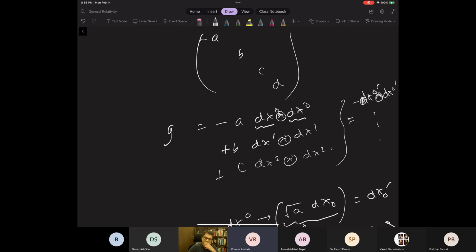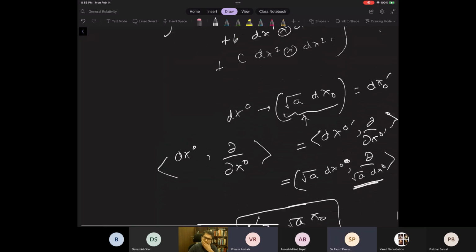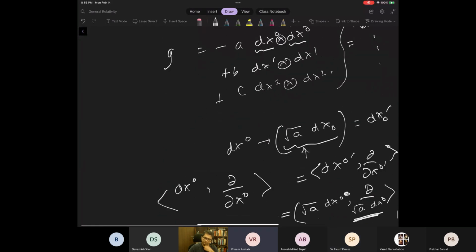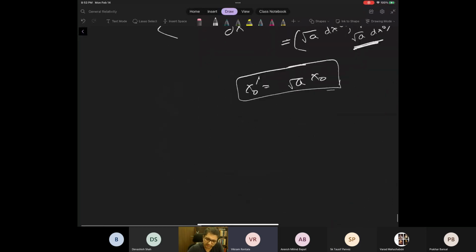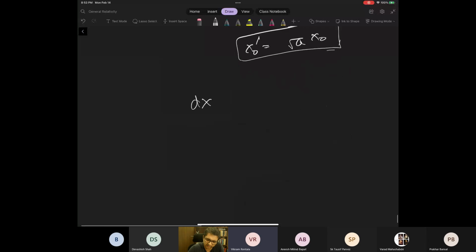Yes, sir. Similarly for dx1 it will be root b. Yeah. Essentially, this is a distance measure. As we've discussed, if you feed it an infinitesimal vector, partial x mu, you get a distance measure, g mu nu dx mu dx nu.